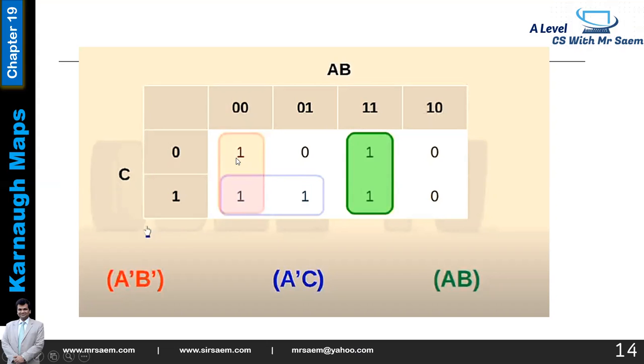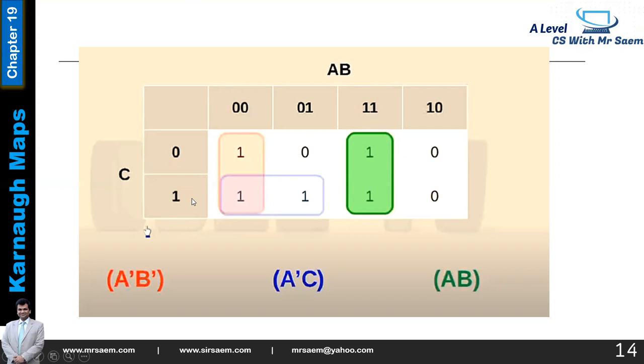Since C does not matter, C is not part of this first expression, this grouping that I'm talking about. Let's talk about the second group, A inverse C. Why do I have A inverse C? Because over here, yes, C is 1.